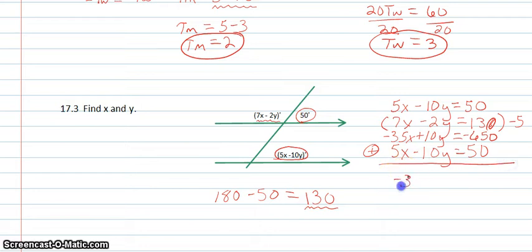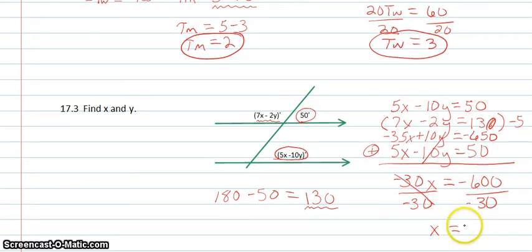So I'll have a negative 30x. The y's cancel to make 0 equals negative 600, and I'll divide both sides by a negative 30. So those will cancel, and I'll have x equals 20. Now that I know what x equals, I can put that back into one of my equations to find out what y equals.